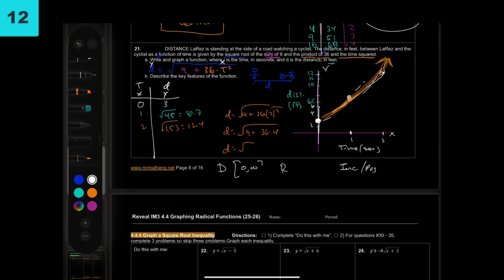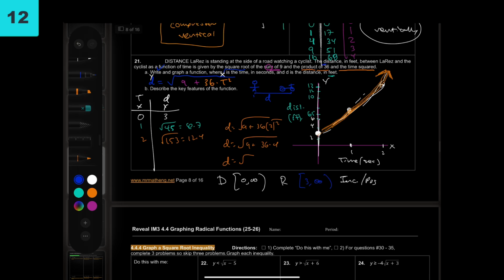And then the range is the same thing. Remember, with infinity, you always have a parenthesis. The range is bottom to top, but pay attention: the range only starts at the number where I hit on the y-axis, so that would be 3 to infinity. Okay? So those are our word problems involving the square root function.